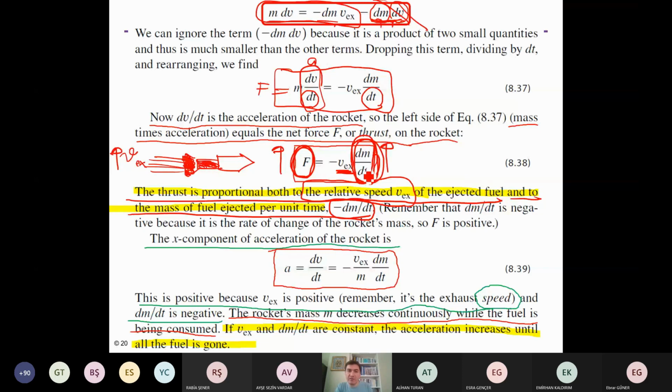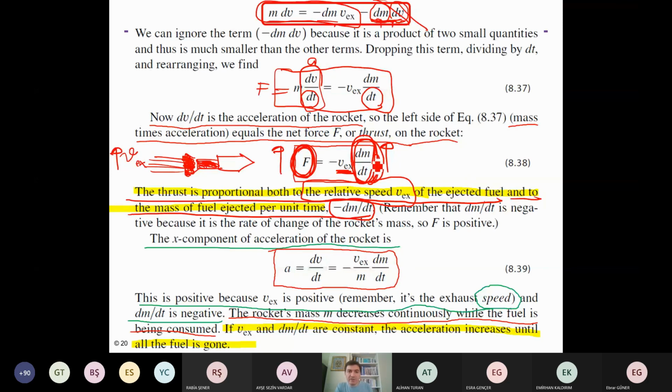Then again, you will get very huge thrust, okay? So in order to get good, effective rockets, both the relative speed of the ejected fuel and the change in the mass of the rocket must be huge, okay? Then you can provide huge thrust forces.